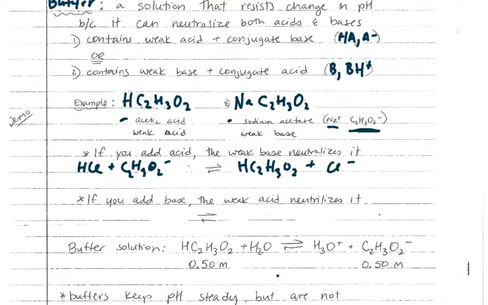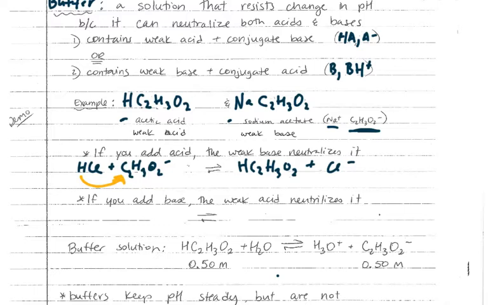So that proton from the acid donates the proton to the base, and that neutralizes it. We don't end up with any H plus. Any of the H plus that forms gets basically consumed by this weak base here. So the pH does not change.